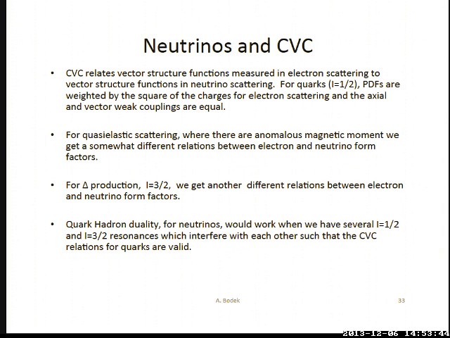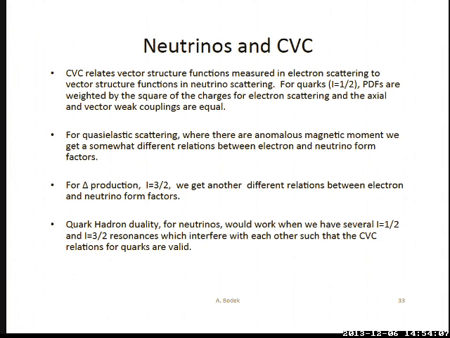Okay, neutrinos and CVC. So how do we get neutrinos? Well, CVC relates the vector structure function measured in electron scattering to the neutrino structure function. You just use a different coupling. For electron scattering, the PDFs are weighted by the square of the charges. But if you go to quarks, the axial and vector couplings for quarks are equal.